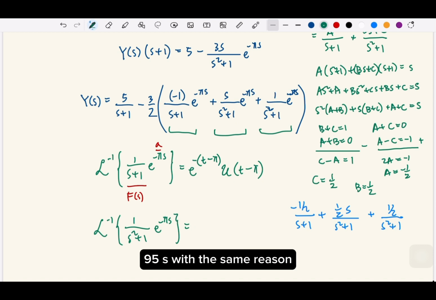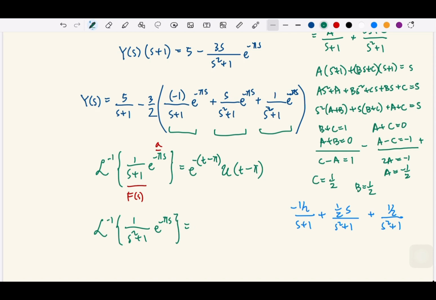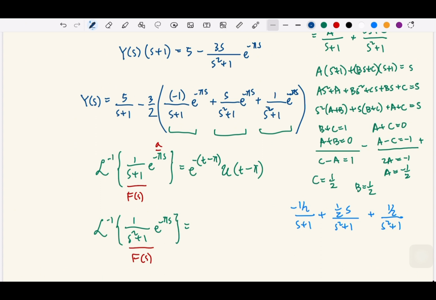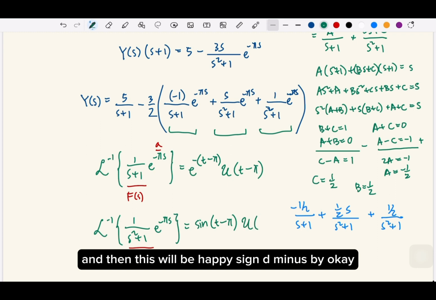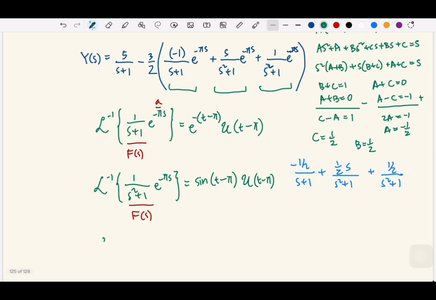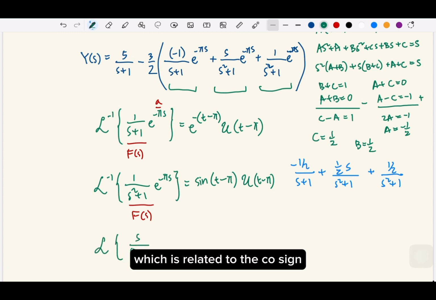With the same reason, the a is pi, so we have, this is the fs, which we know that this is going to be the sine, right? This is sine t minus pi, and then this will be Heaviside t minus pi. Okay. And then last one is the s, which is related to the cosine.